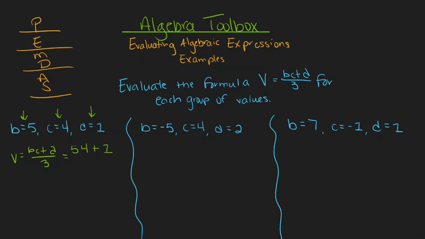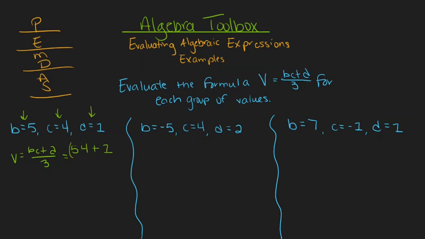But when we switch that to a relationship with numbers, two numbers being right next to each other does not necessarily mean that we have multiplication. In fact, if I just saw 5 and 4 right next to each other, I would think that it was 54, not 5 times 4. Because of that, I have to make sure that I represent the multiplication between the 5 and the 4 when I plug in the numerical values for those variables.